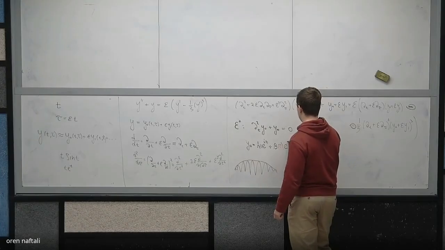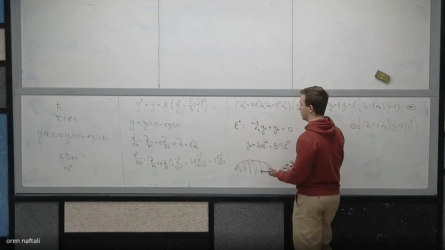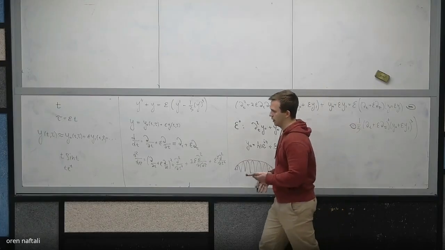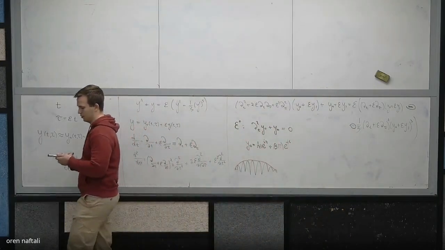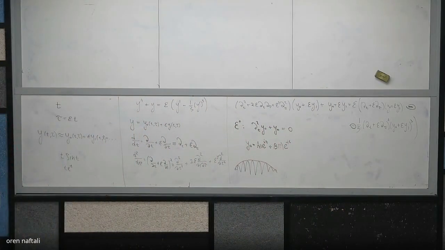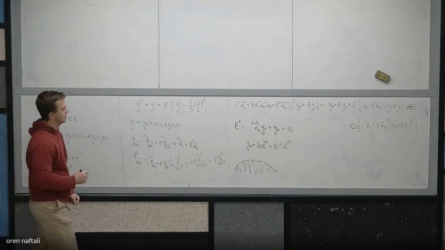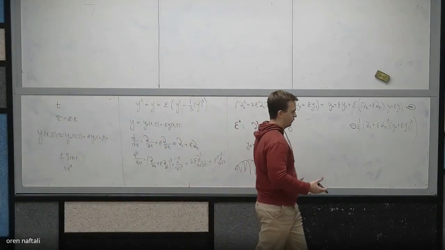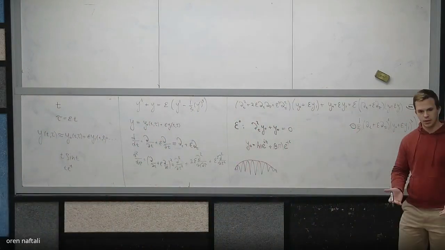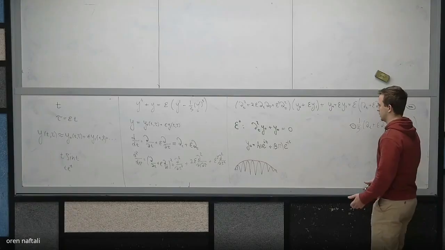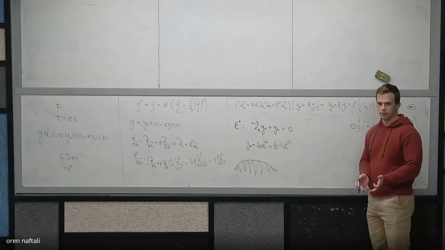But we want our solution to be not complex but real. If a number is real, its complex conjugate should be equal to the number itself, right?